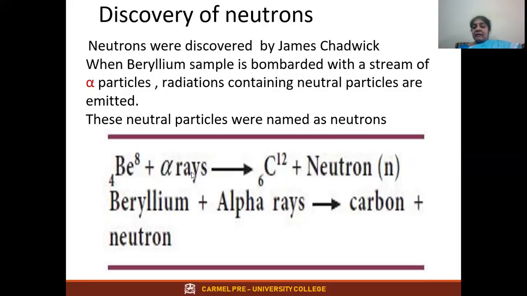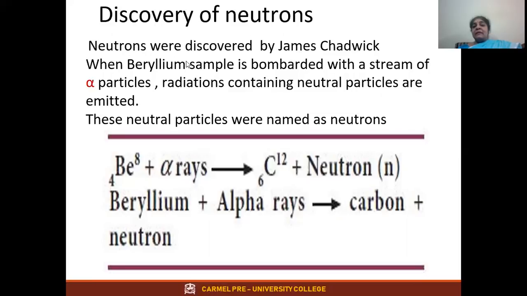Now what is an alpha particle? You can make a note, or we'll learn it later in nuclear physics. An alpha particle is a doubly ionized helium nucleus. If you are not able to understand here, never mind; you'll study this in the chapter on nuclear physics. So how did we obtain neutrons? Beryllium was bombarded with alpha rays, radiation containing neutral particles was obtained, and the neutral particle is called a neutron.